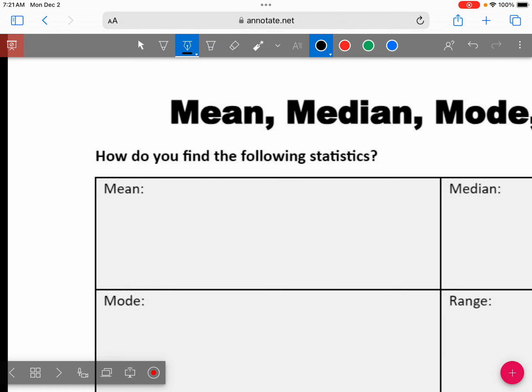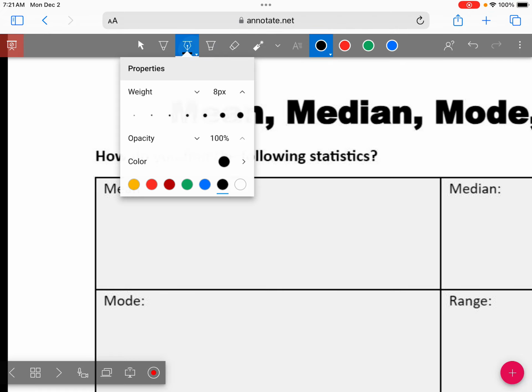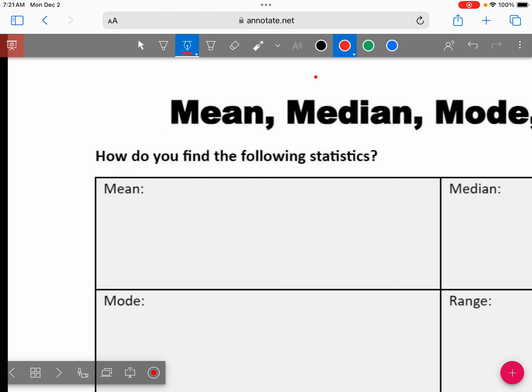So how do you find the mean? To find the mean, that's the same thing as average. Another word for mean is average. First step is add up all the numbers.